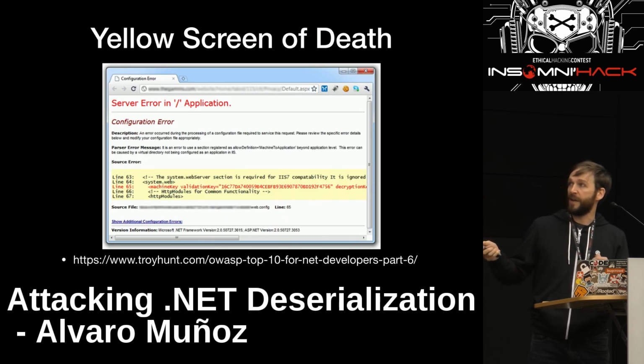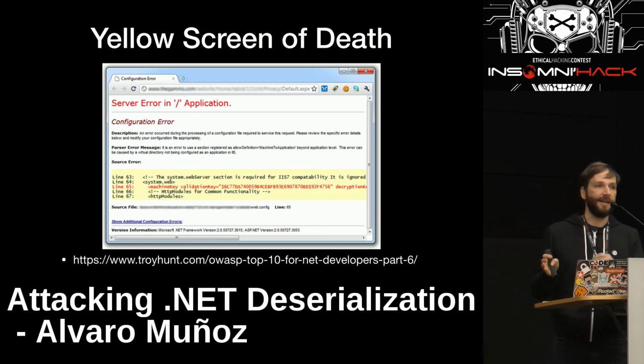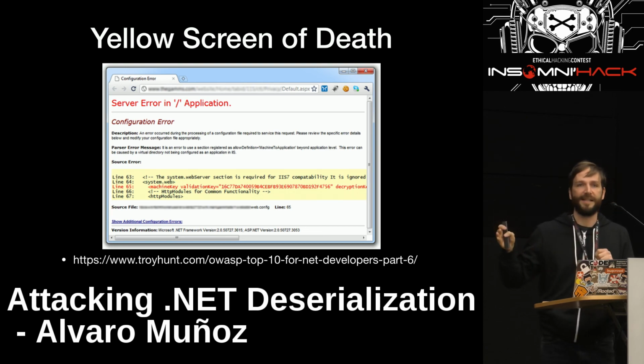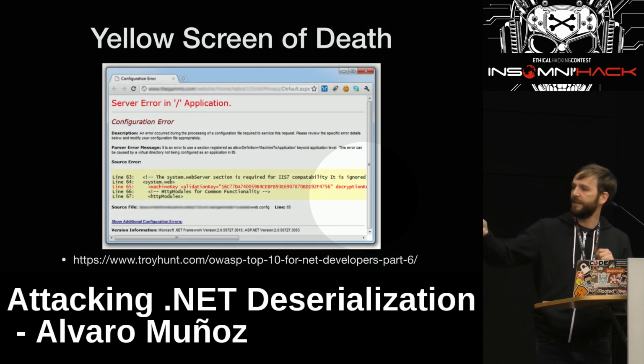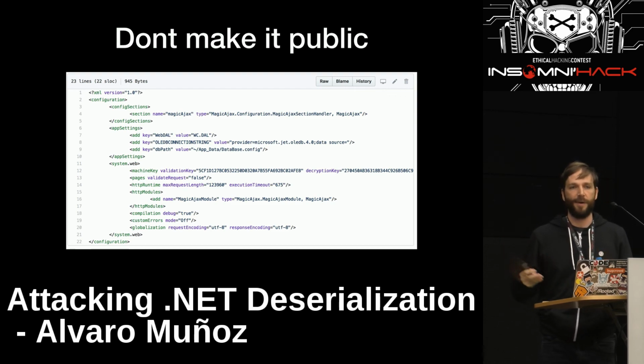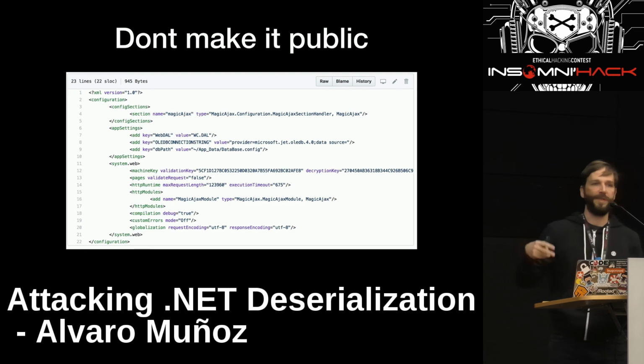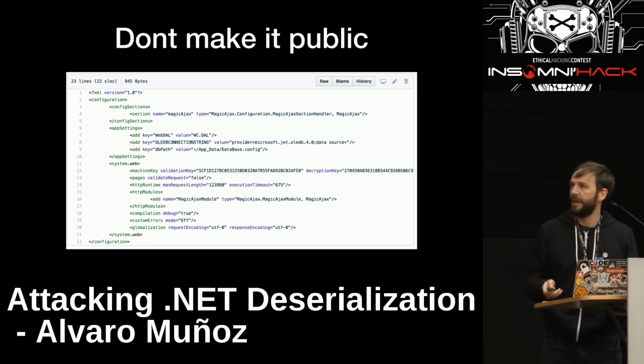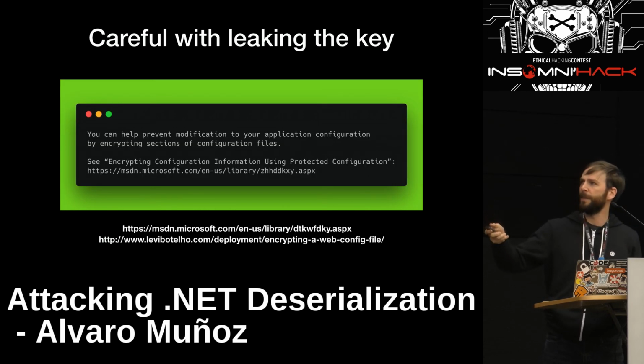From Troy Hunt, I found that apparently, I haven't seen that myself, there are some error pages that can leak the encryption and validation keys. And last but not least, in GitHub you will find hundreds of keys. So if you are lucky enough that someone is deploying the application with the very same keys, then you may get arbitrary code execution.